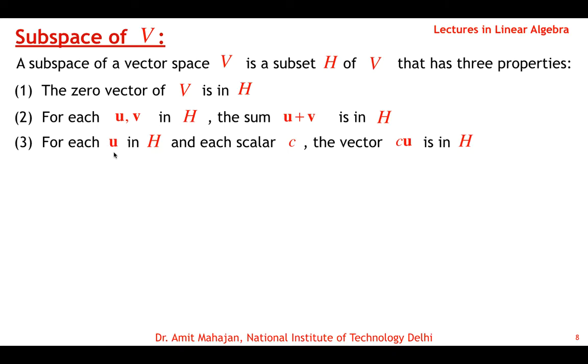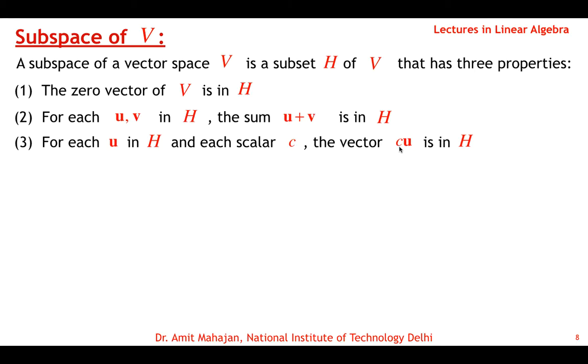And for each vector u in H and each scalar c, the vector cu is in H, so multiplicative closure also holds. So one, the set has to be a subset of the vector space. Second, the zero vector of the vector space must be in the subset, and additive closure and multiplicative closure must be satisfied for H.